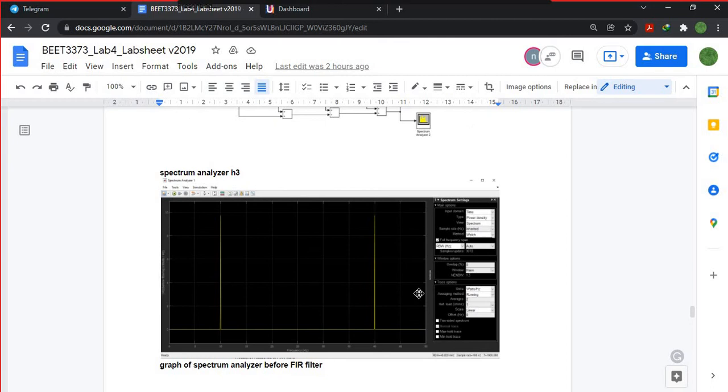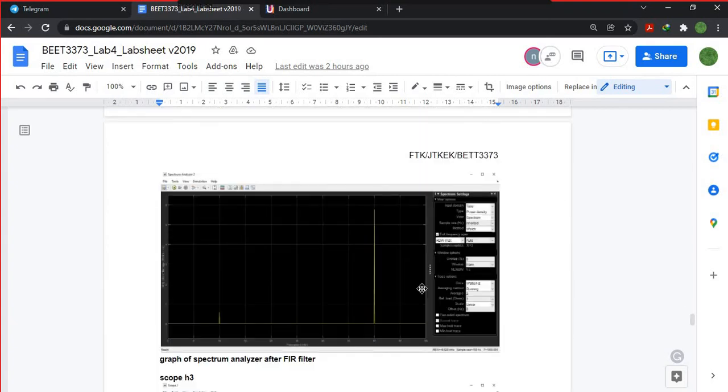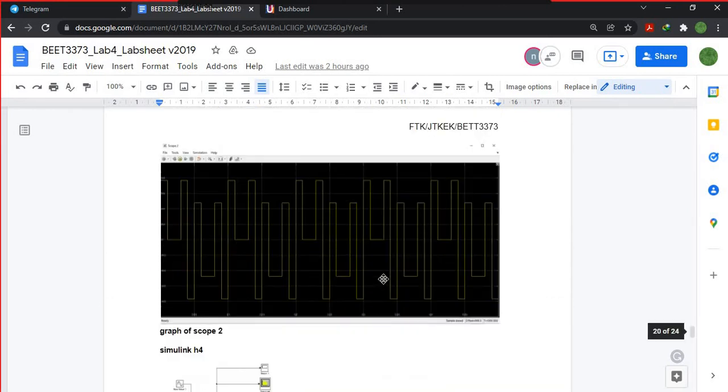This is the output for the graph of the spectrum analyzer before the FIR filter, and this is spectrum analyzer 2, the graph of the spectrum analyzer after the FIR filter. Next, scope. We get the output for scope H3: this is scope 1, and this is scope number 2.